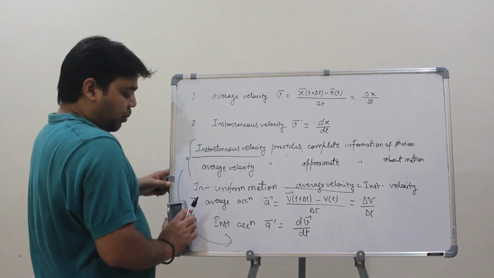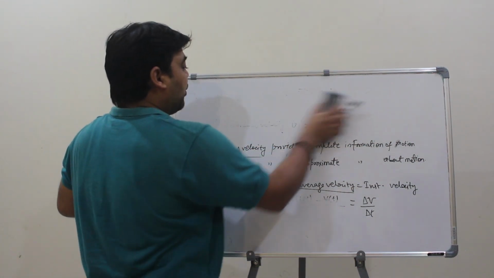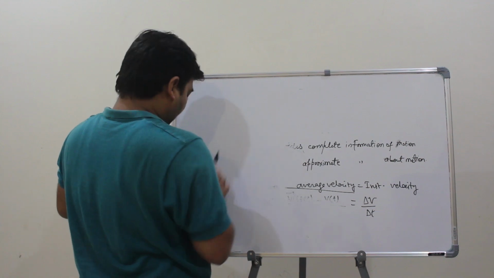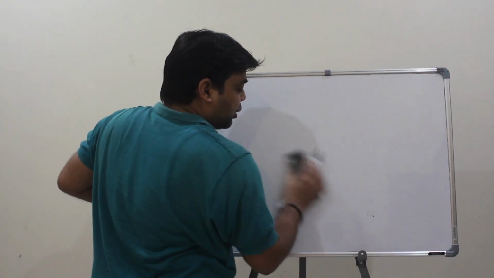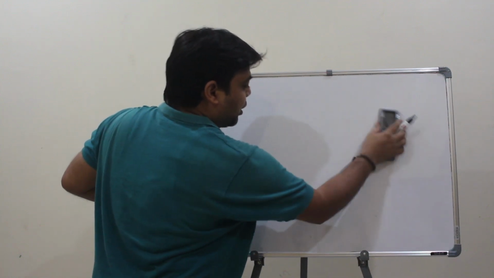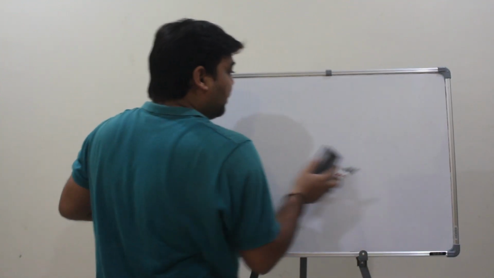Now let us go to a simple problem of NCERT. The problem number 1, which we are starting with, is here. Let us consider that 2 boys are there. They are starting from the school at a certain time t.